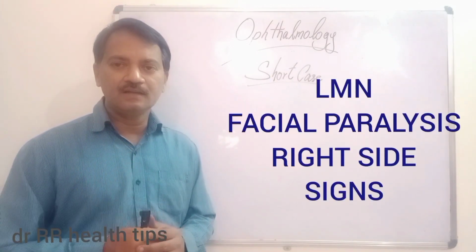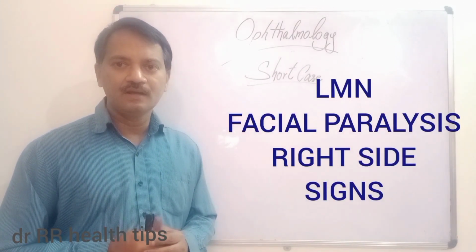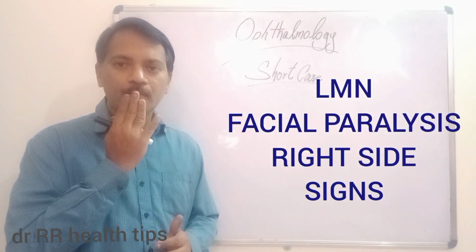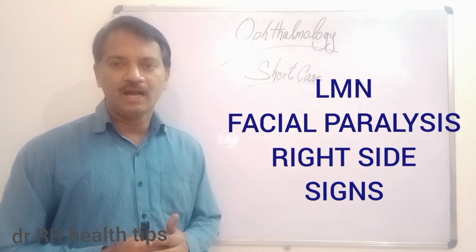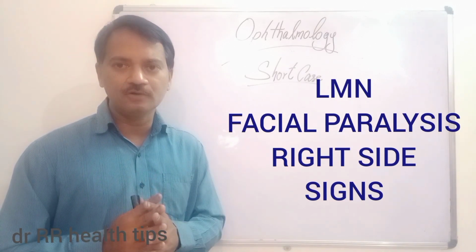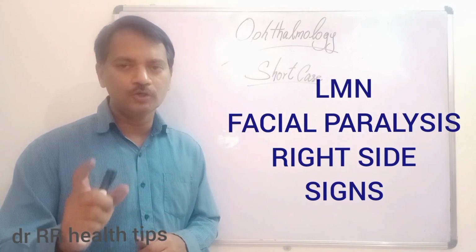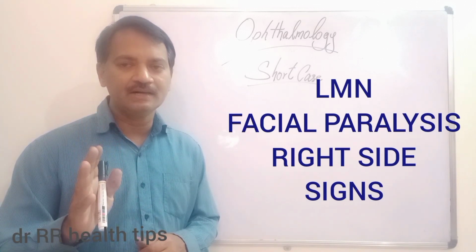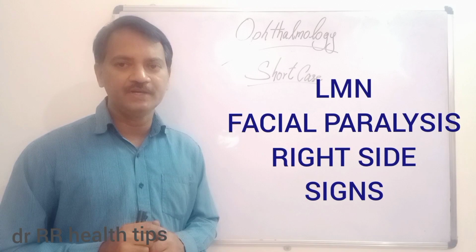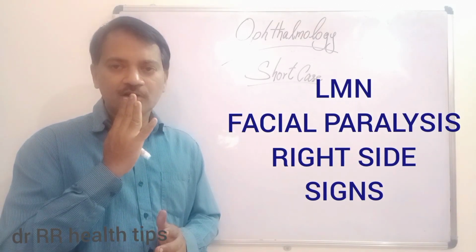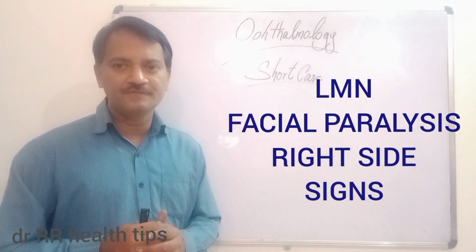This patient is also having deviation of mouth towards the left side. I have not shown this in this video because I don't want to completely reveal the patient's image. There is deviation of mouth towards the left side.